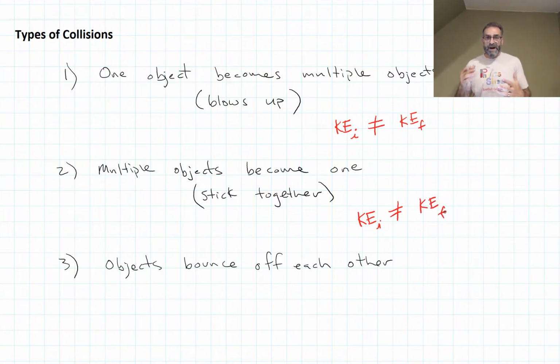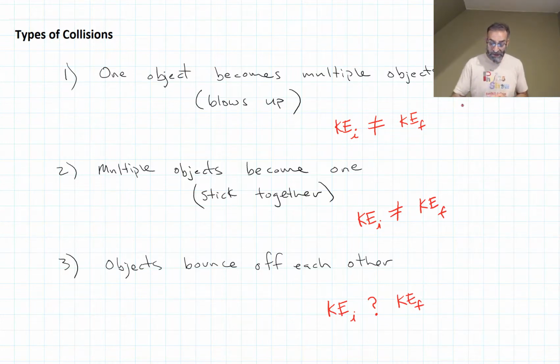When things bounce off of each other, this is tricky. We don't know if the kinetic energy is the same before and after the collision. It might be. It might not be. We have two types of collisions, elastic and inelastic.